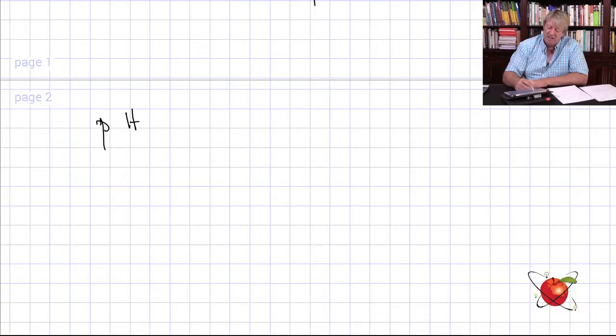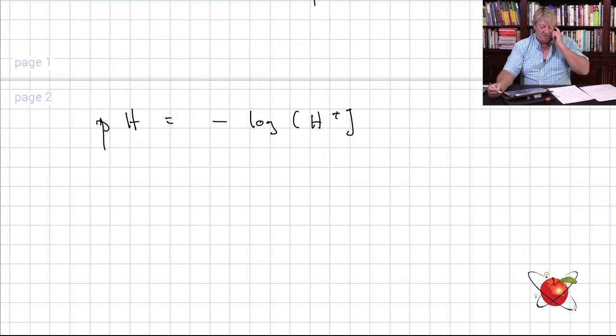Correct. But the definition of the pH was the following, wasn't it? pH is equal to negative log of the concentration of hydrogen ions. But we do it as H3O plus, correct?